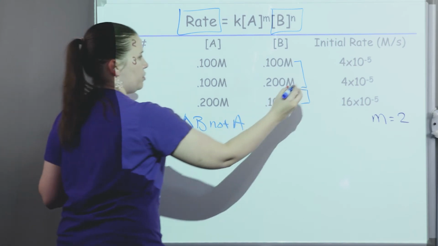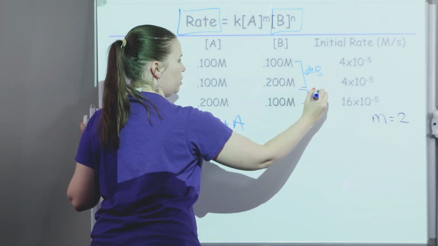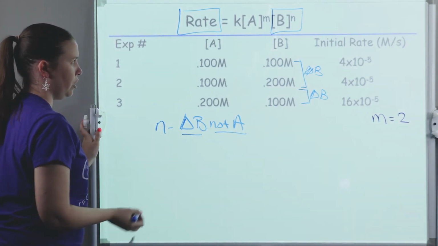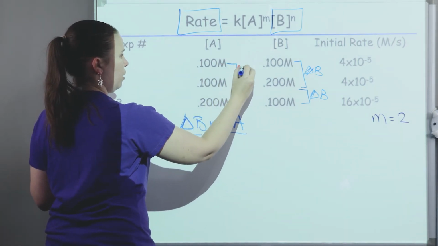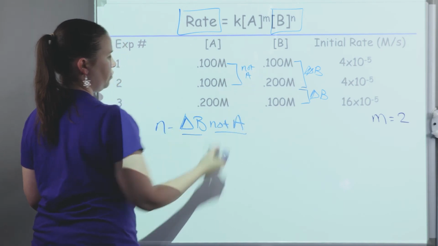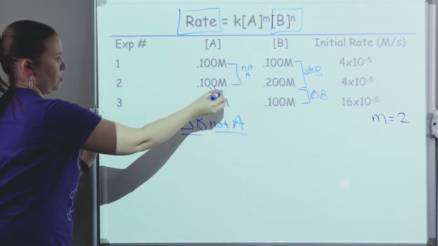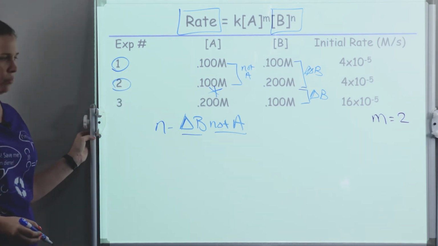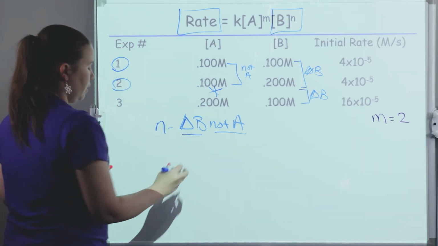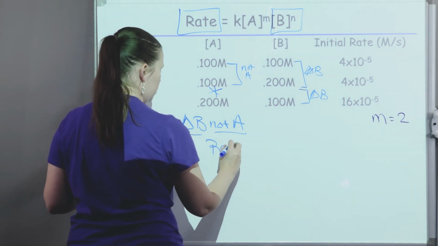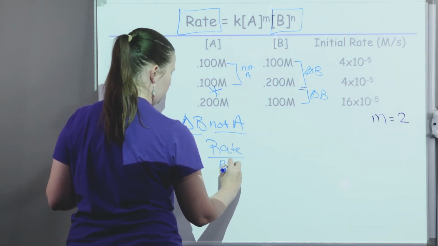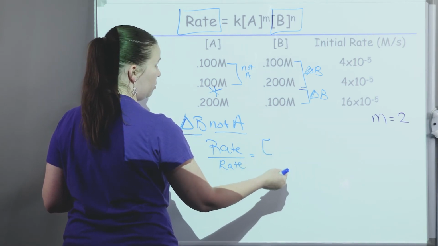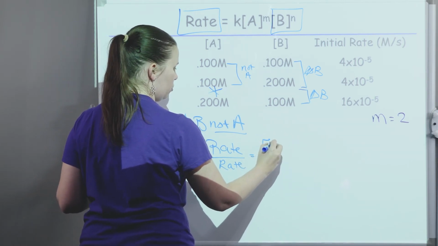So both of those have a change in B. But where do I have no change in A? That would only be the first two. There is a change here, so that doesn't make sense. So it's going to have to be experiments 1 and 2. Meaning I need to set up that rate ratio. So rate over rate. And instead of concentration of A, since I'm finding N, I'll use concentration of B.